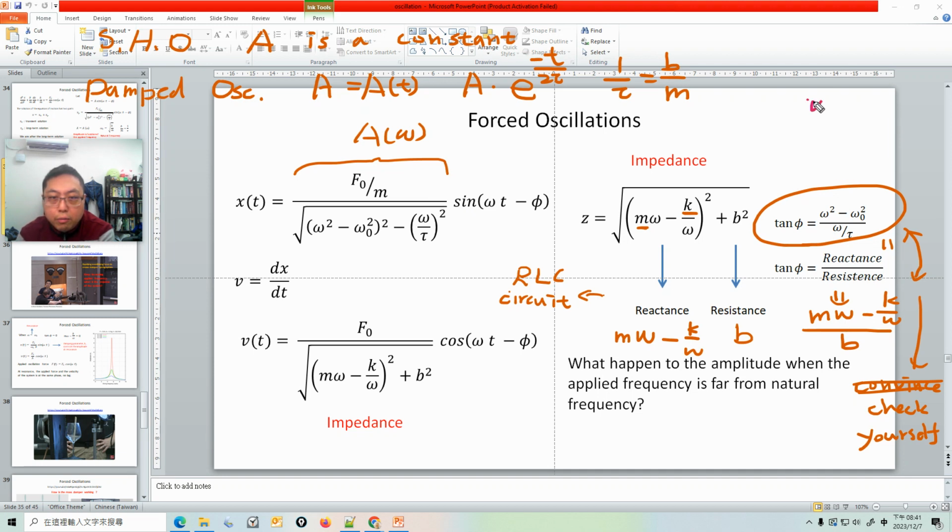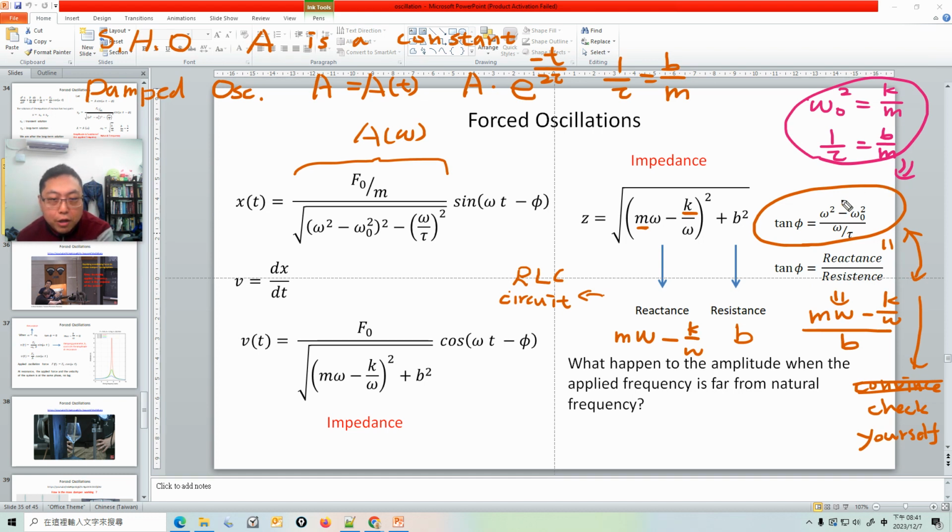Omega zero squared is k over m, and 1 over tau is b over m. If you put this back into this equation, you will find tangent phi is equal to reactance over the resistance.